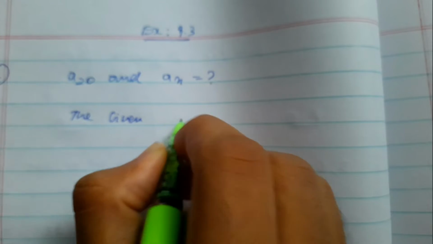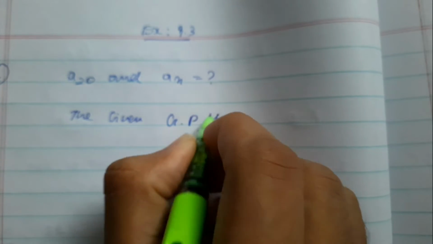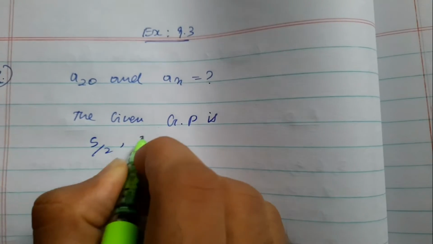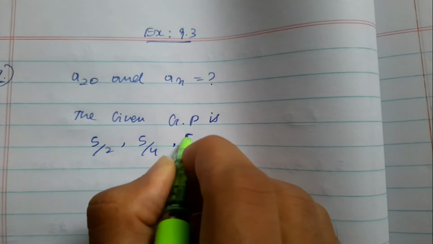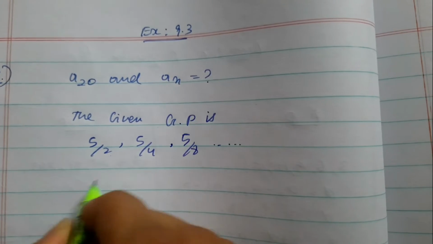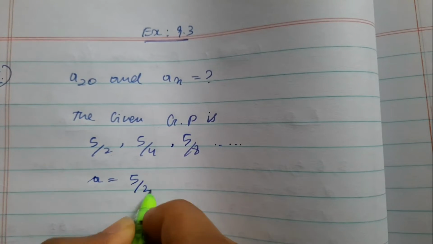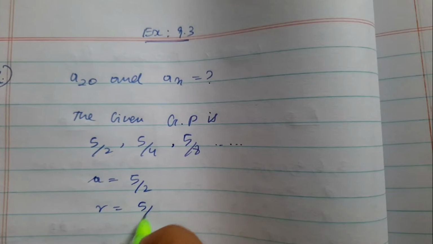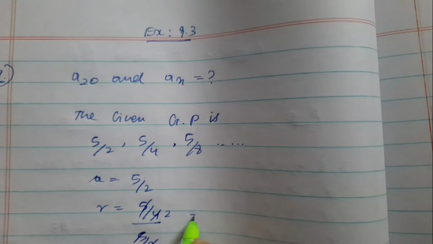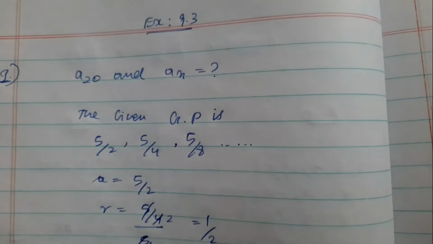Next, exercise 9.3, question number 1. You have to find the nth term. The given geometric progression is 5 by 2, 5 by 4, 5 by 8. Here A equal to 5 by 2. The common ratio R equal to 1 by 2.